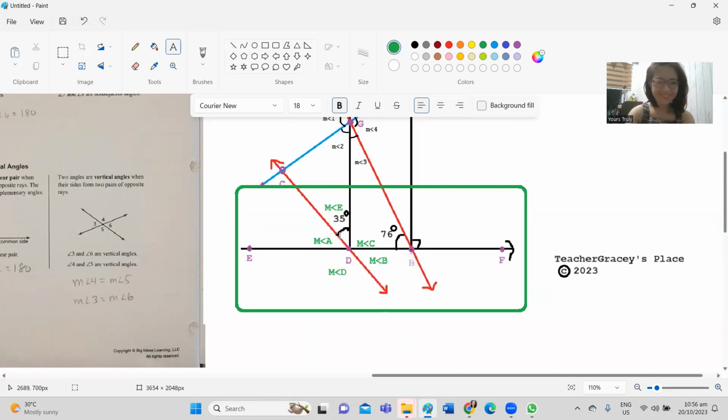We have 5 angles here. What are the vertical angles? Can you name? Yeah, right.